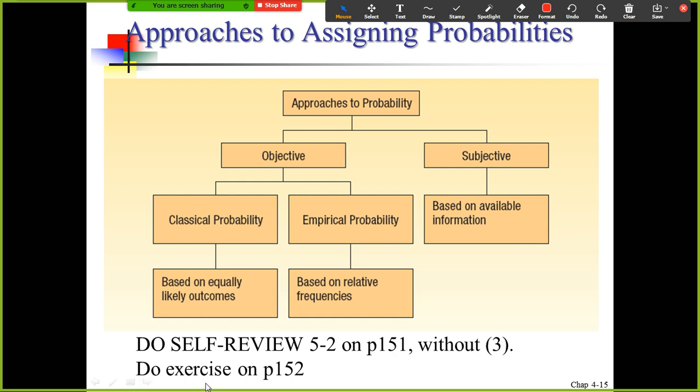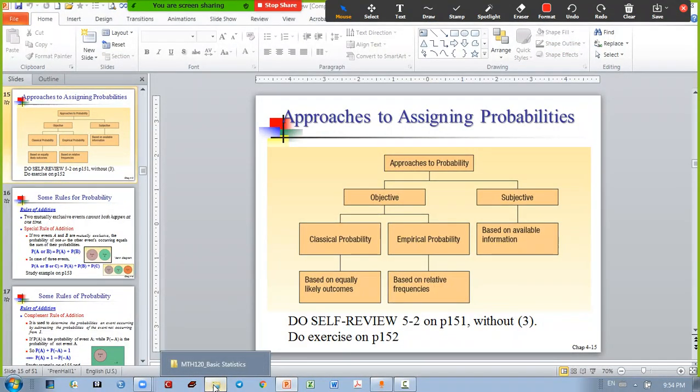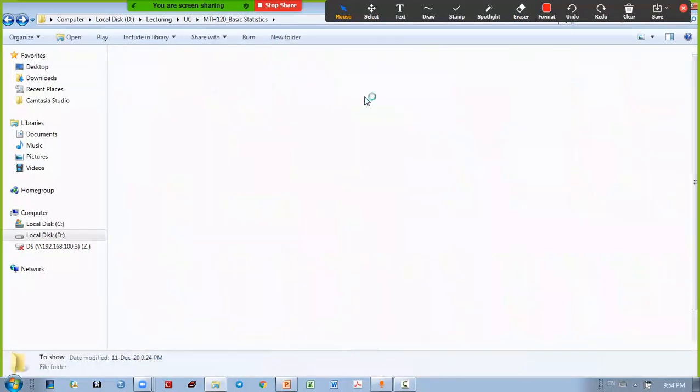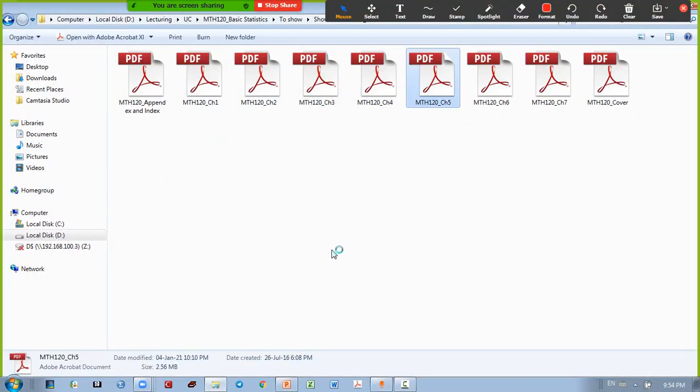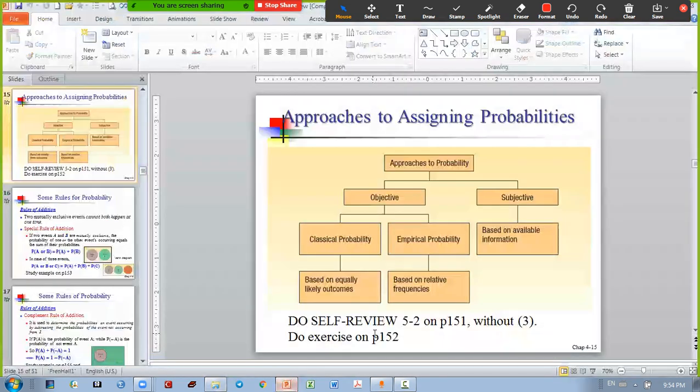And homework. Wait, I will go to homework on page 152.